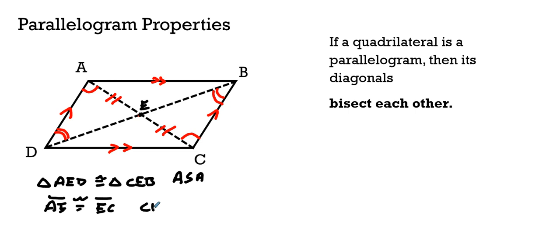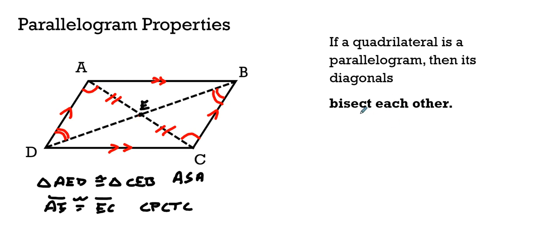And that's because of CPCTC: corresponding parts of congruent triangles are congruent. Now, I could go through that whole process again for these other sides DE and EB. I don't think we really need to because we've already kind of established that. But if you know a quadrilateral is a parallelogram, then its diagonals bisect each other.